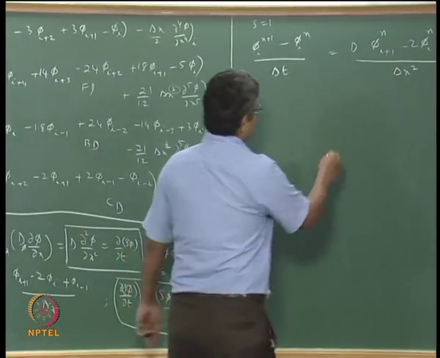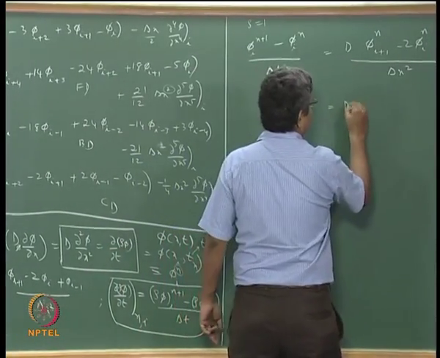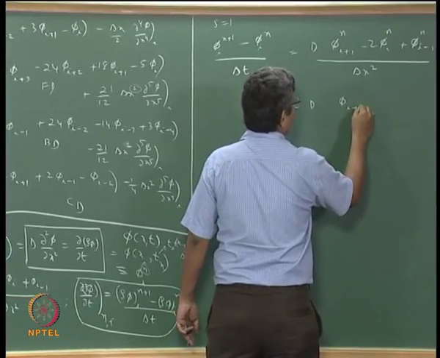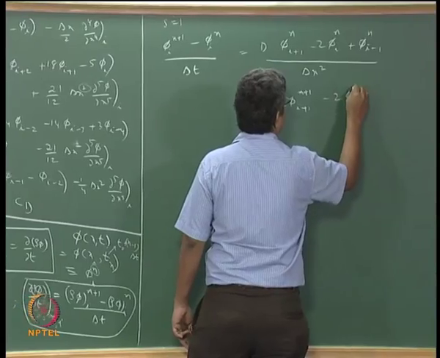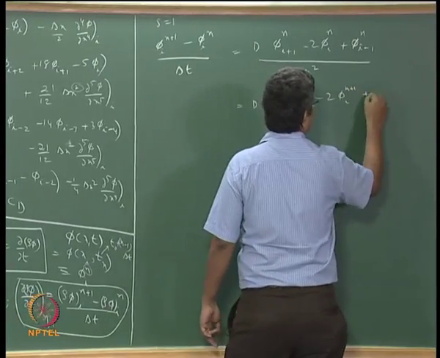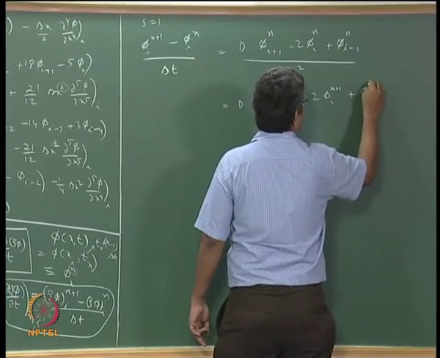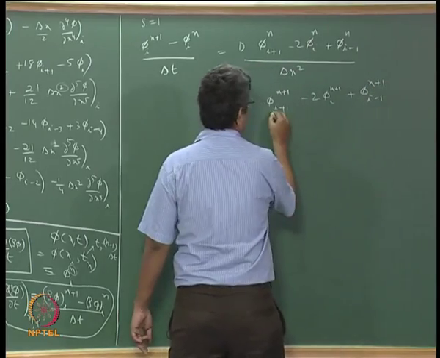Okay. We can also write this as d of phi I plus 1 n plus 1 minus 2 phi I n plus 1 plus phi I minus 1 n plus 1 by delta x square.